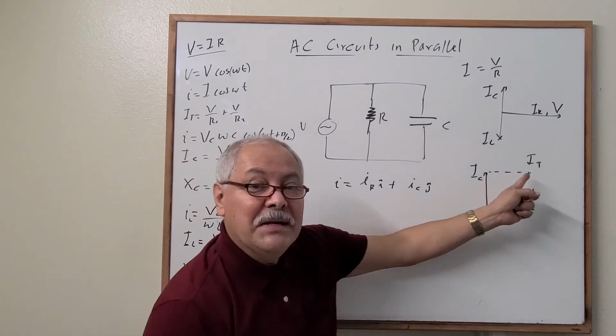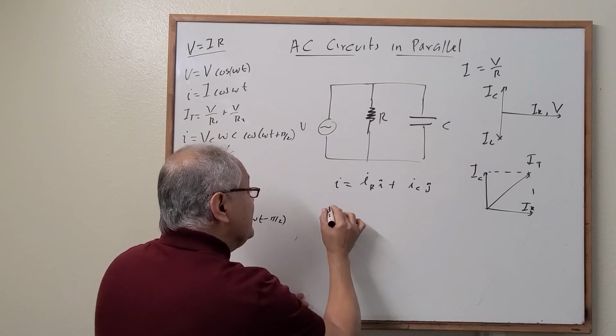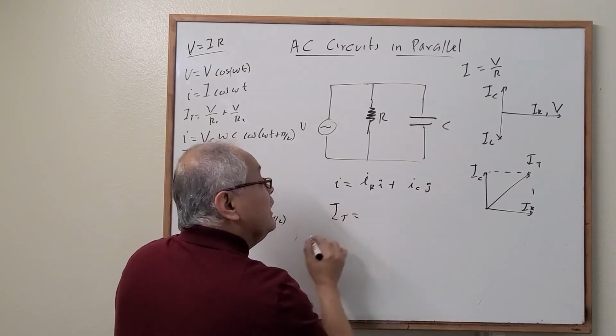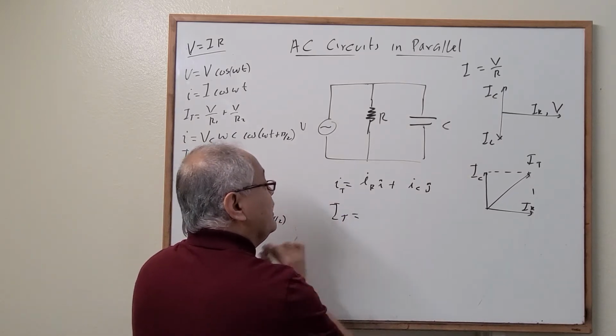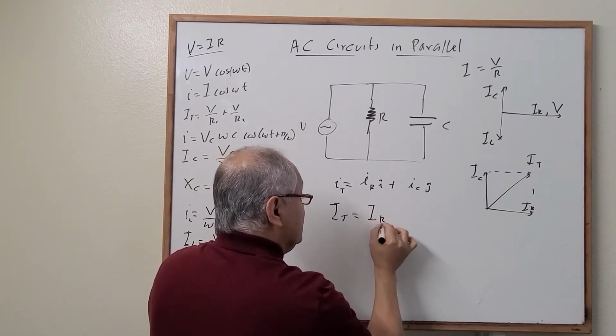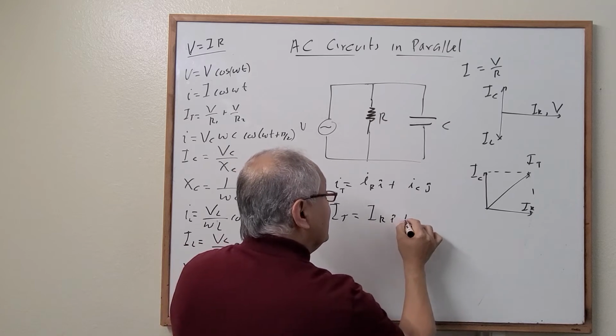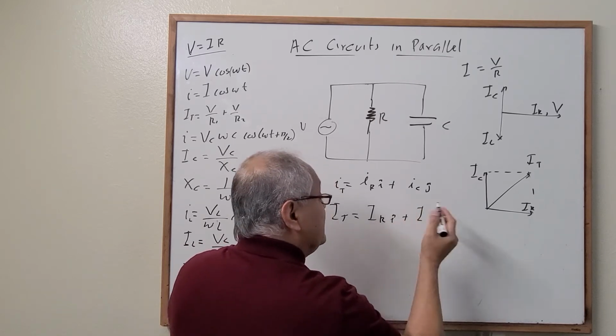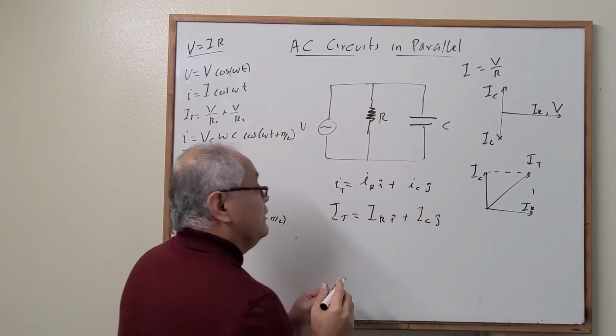Also, we can use the magnitude as we did before, correct? The total current equals the current through the resistor, I hat, plus the magnitude of the current through the capacitor, J hat.